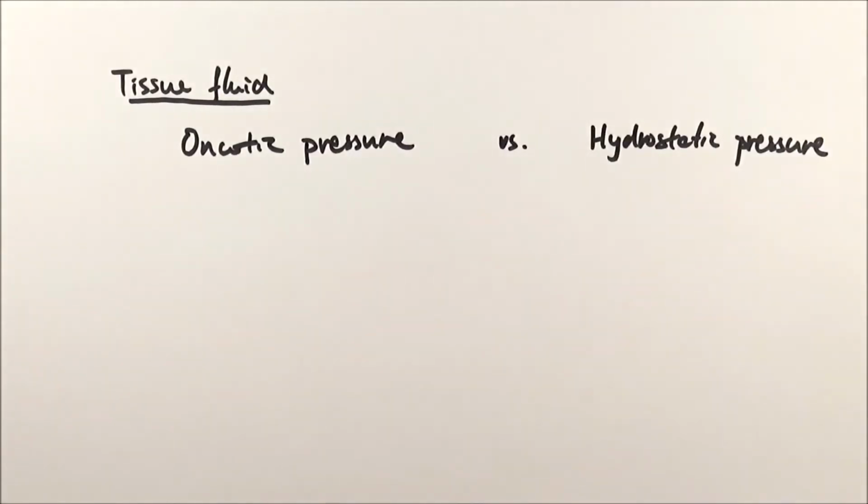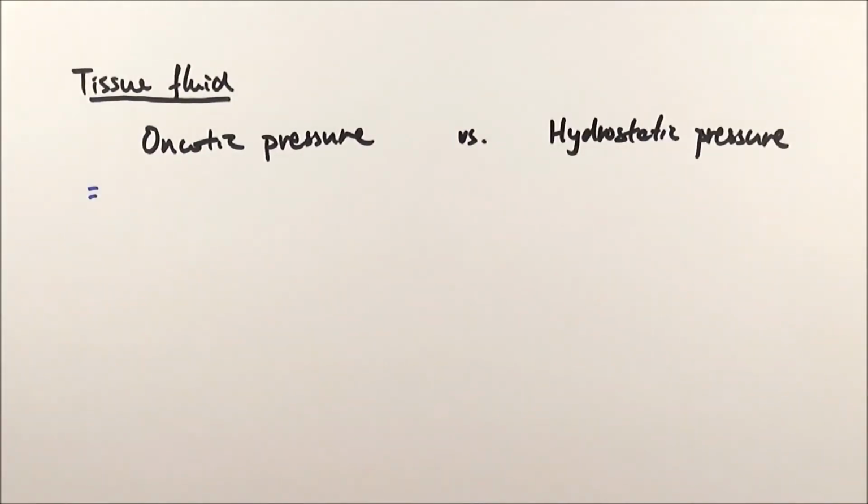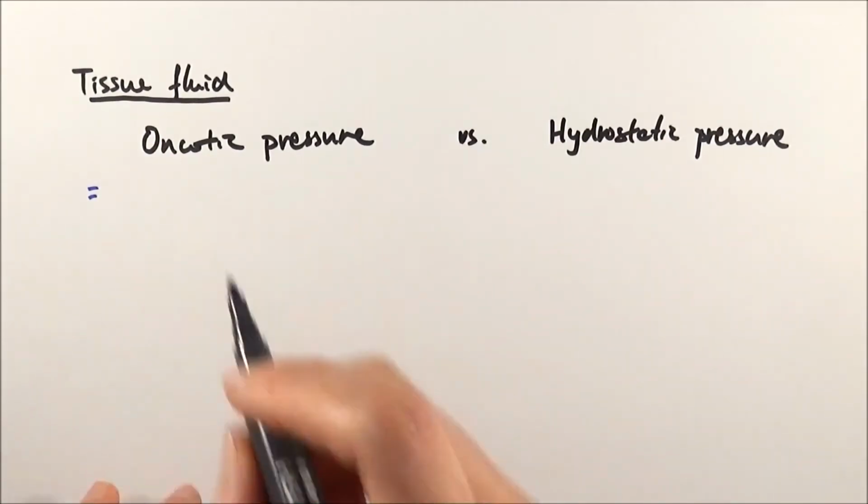Tissue fluid formation is dependent on the filtration pressure, which is determined by oncotic pressure and hydrostatic pressure. Oncotic pressure is the tendency of water to move into the blood by osmosis.